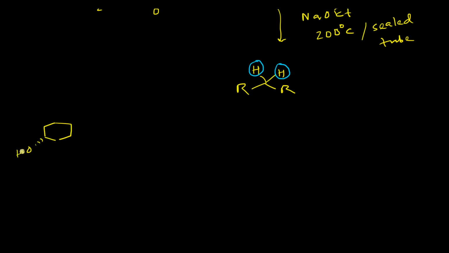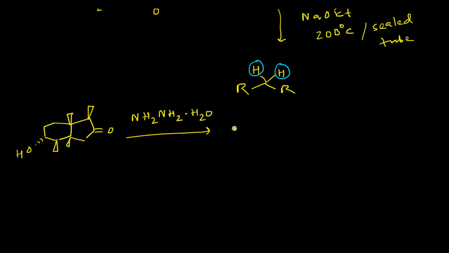For example, if we consider the reduction of this particular ketone compound, then its reduction basically requires the conversion of this ketone compound into its corresponding hydrazone derivative by a reaction with hydrazine hydrate in a high boiling solvent, which is known as diethylene glycol. So this is basically diethylene glycol, and the reaction is carried out at 180 degrees centigrade.